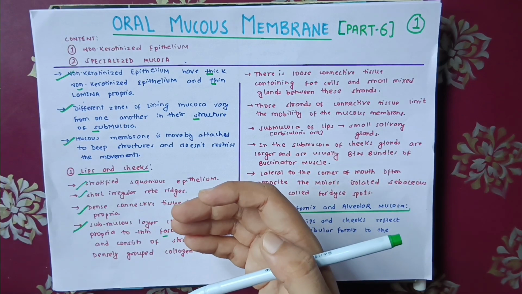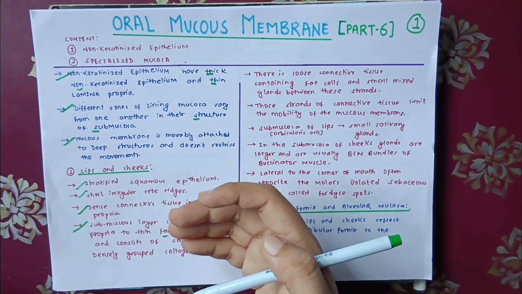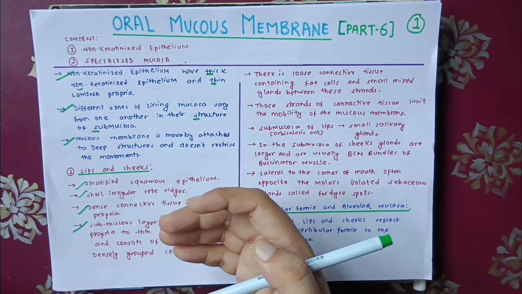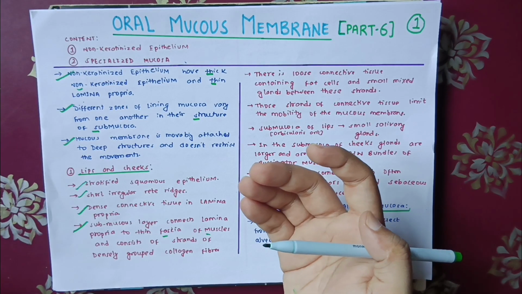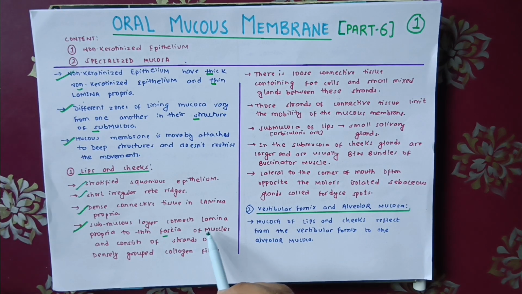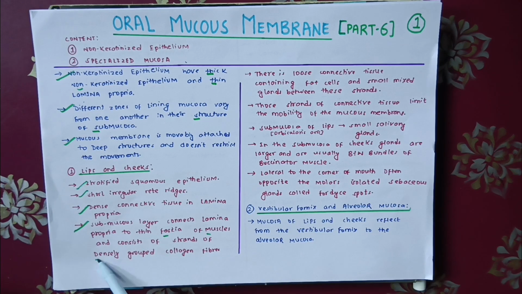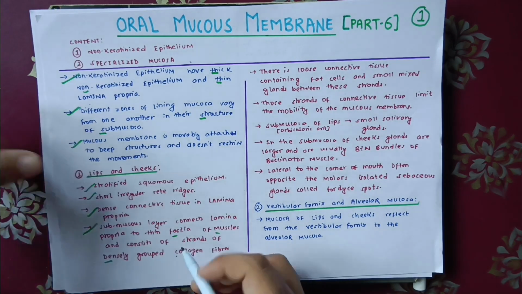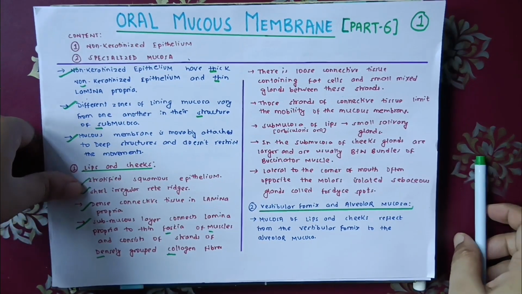In the masticatory mucosa, the keratinized epithelium was attached to the periosteum, to the bone, but here it is attached to the fascia of the muscle. The submucous layer consists of strands of densely grouped collagen fibers.